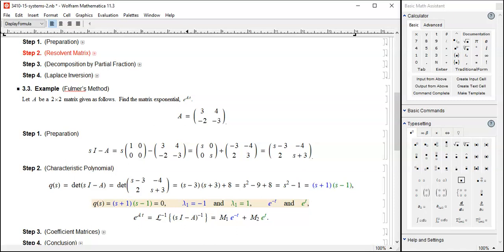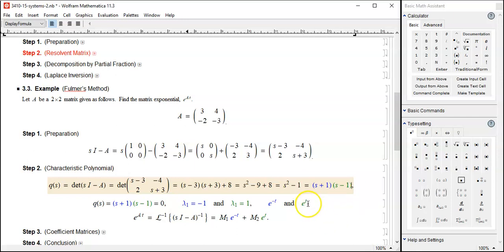And then once you get the characteristic equation, you get factorization, and then you get eigenvalues. For each eigenvalue, you can look up those corresponding Laplace inversions and get eigenfunctions from this Laplace table on page 123. Exactly the same process is going on, except that the setup of the characteristic polynomial is a little bit different this time.